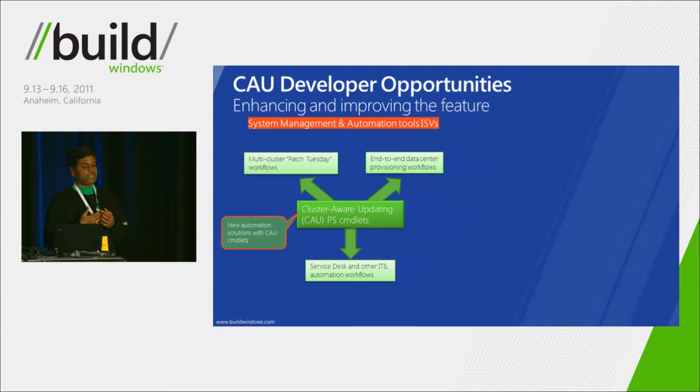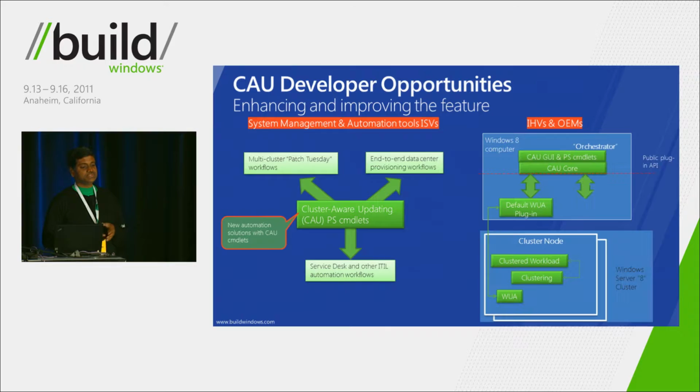And if you have other IT automation initiatives, like automating service desk calls, you could integrate cluster-aware updating workflows into that as well. So that's an opportunity for ISVs and management software vendors. You can easily build on top of this and add additional value.